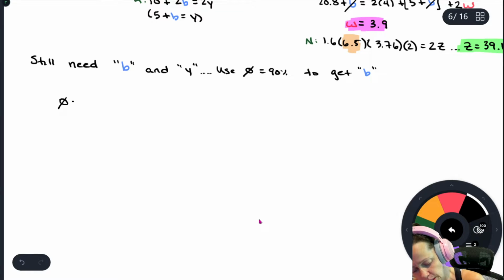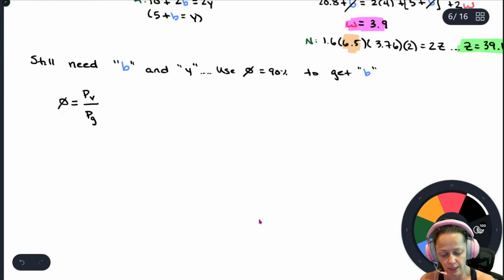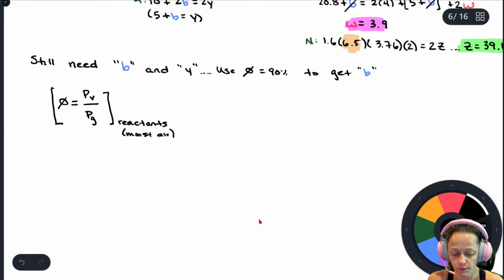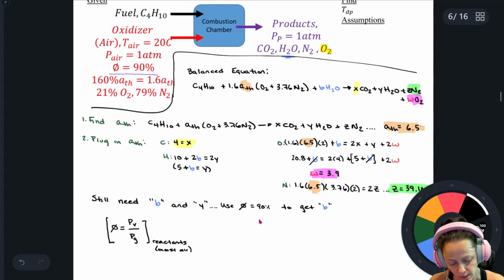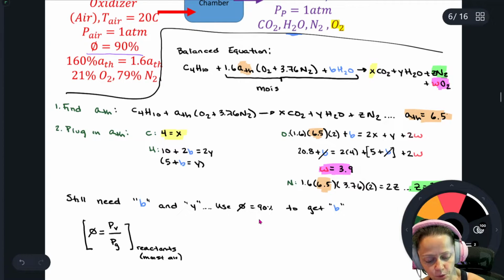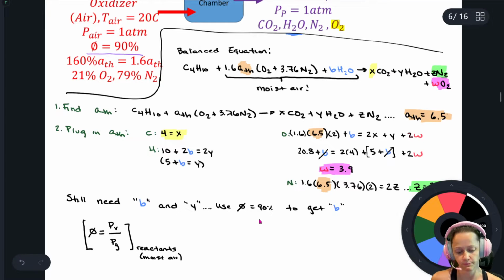So let's think about that. Our relative humidity is defined as P sub V over P sub G, right? And we're looking at this of course in the reactants, the moist air. So let's think about what that moist air is. If I look at this guy right here, all of this, that's that atmospheric moist air. So I know that this is 90%.